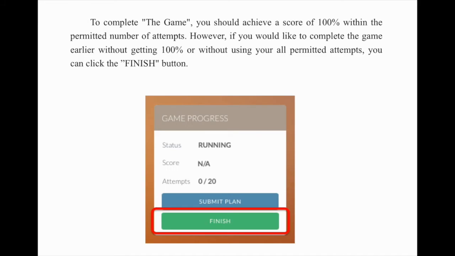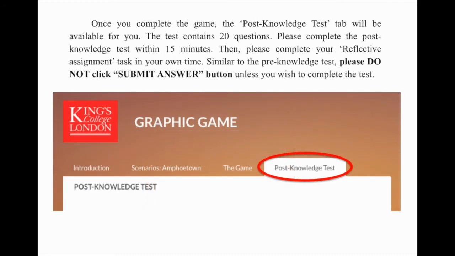However, if you would like to complete the game earlier without getting 100% or without using all permitted attempts, you can click the Finish button. Once you complete the game, the Post-Knowledge Test tab will be available for you.